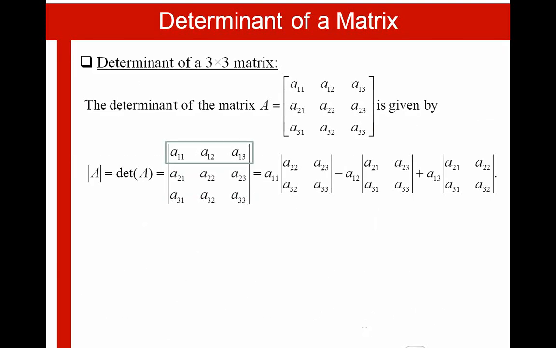To find the determinant of a 3 by 3 matrix, let's take a general 3 by 3 matrix with elements A11, A12, A13, etc. to A33. The determinant of A, if we expand along the first row, is as follows: A11, the first element here, is multiplied times the determinant of the minor.